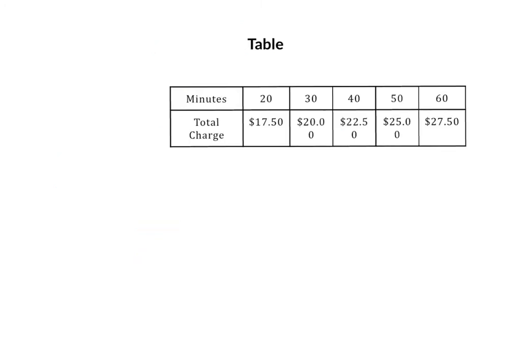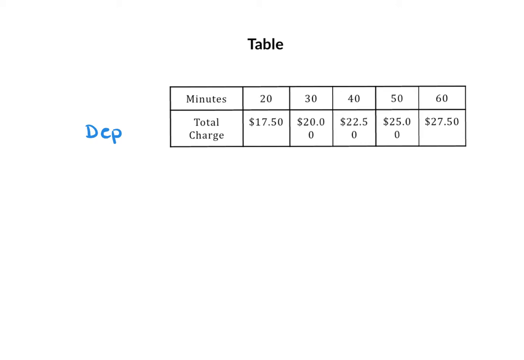All right, so looking at a table of values, I don't have the full scenario here, but we have enough to make sense of it. I have minutes and total charge. So what will be x, what will be y, independent and dependent? Well, usually your money is depending on something. So maybe you're renting something by the minute.